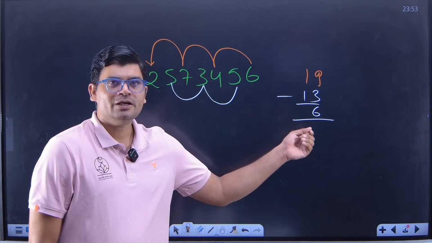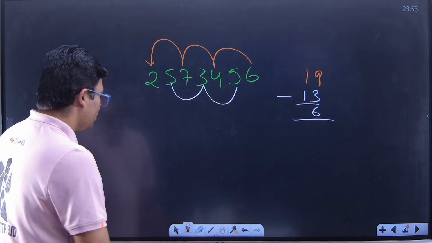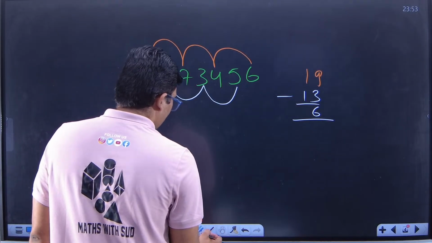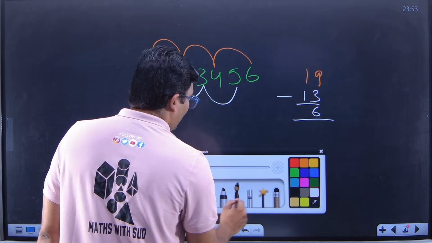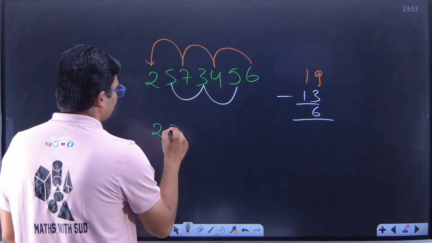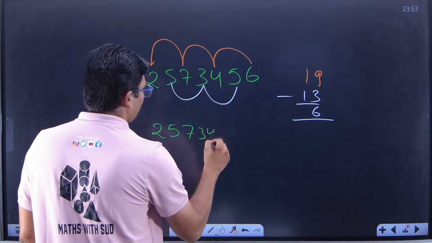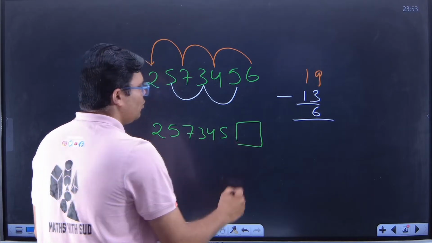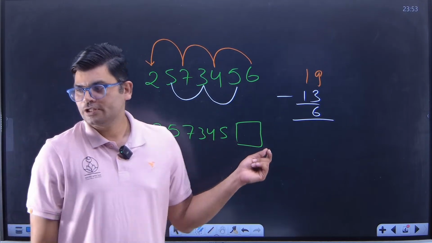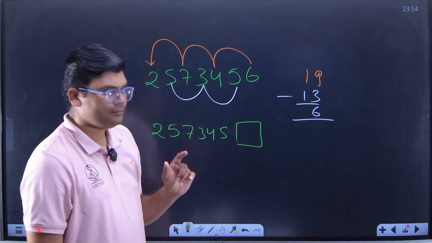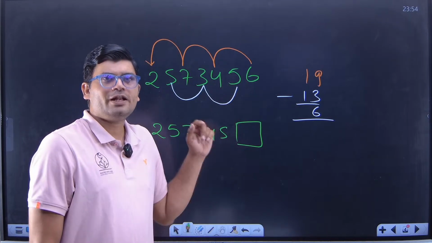It has to come to 11. So the question may arise like this. Suppose this is 257345, and they ask you, what digit should we change so that this number is divisible by 11? Instead of 6, what should we write?